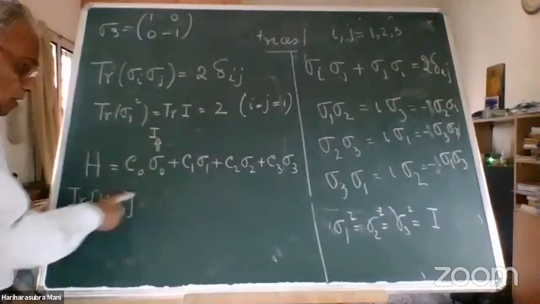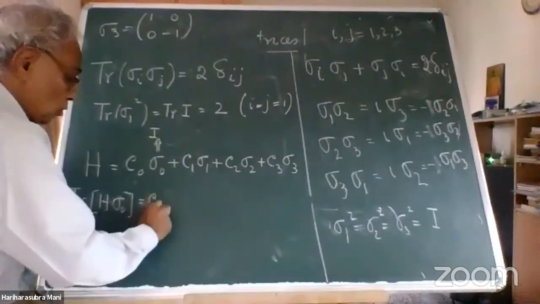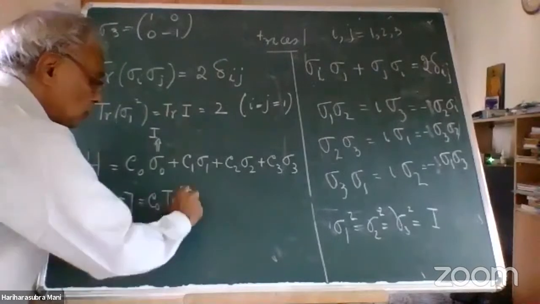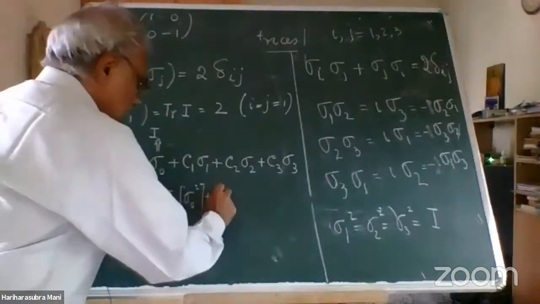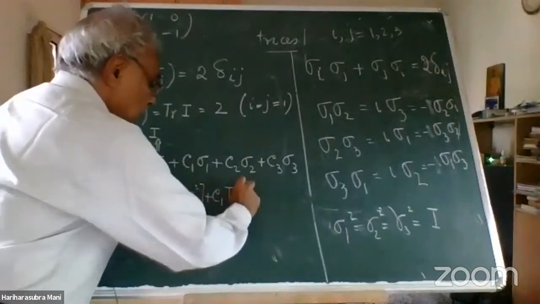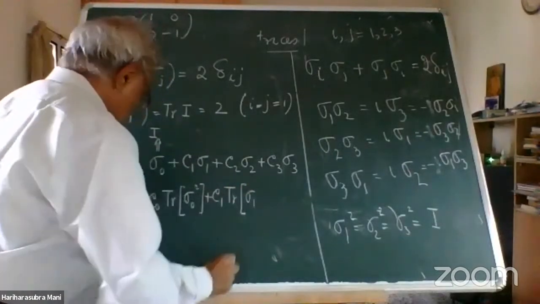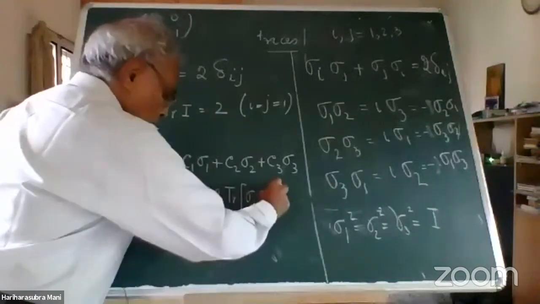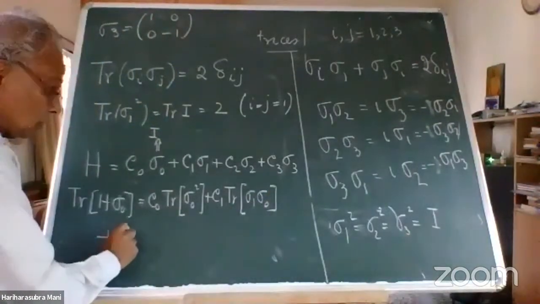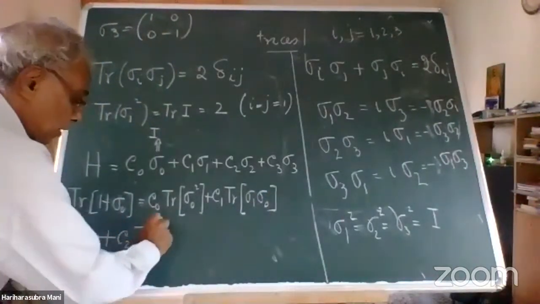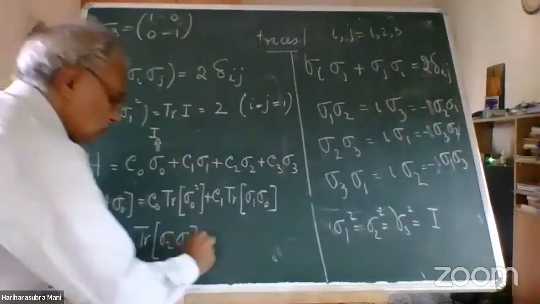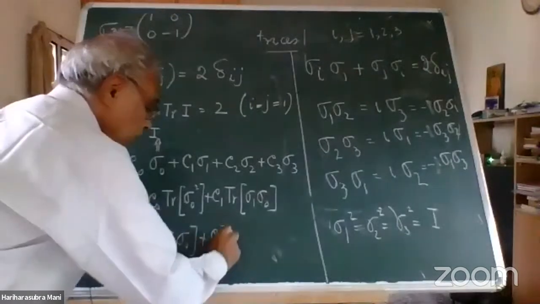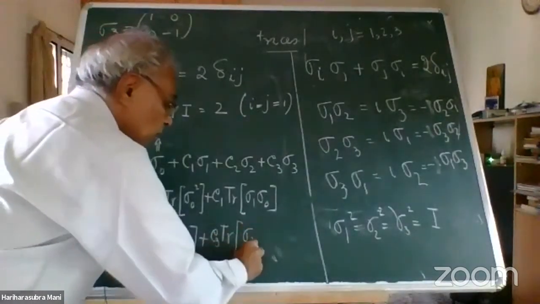So when I write this out, it is C0 trace sigma 0 squared plus C1 trace of sigma 1 sigma 0 plus C2 trace of sigma 2 sigma 0 plus C3 trace of sigma 3 sigma 0.